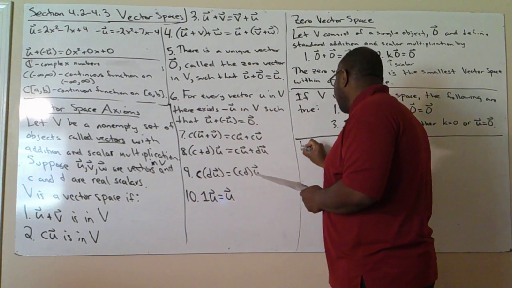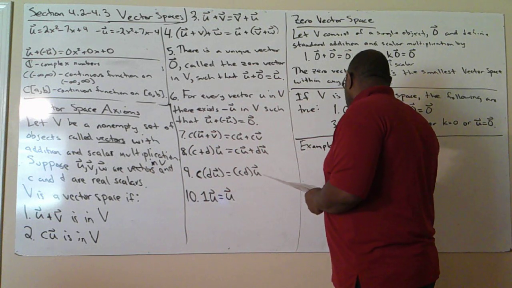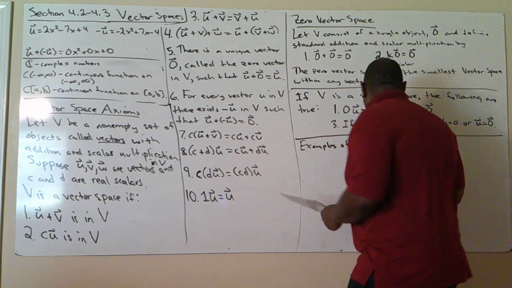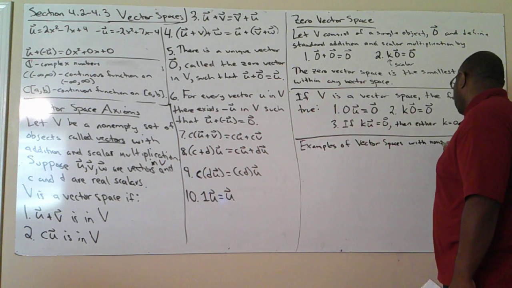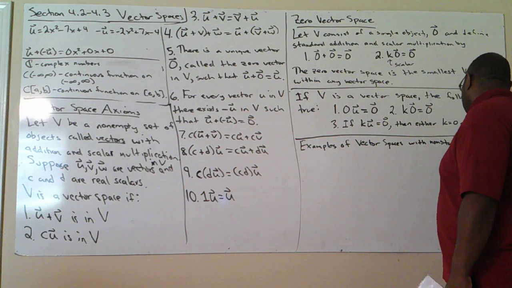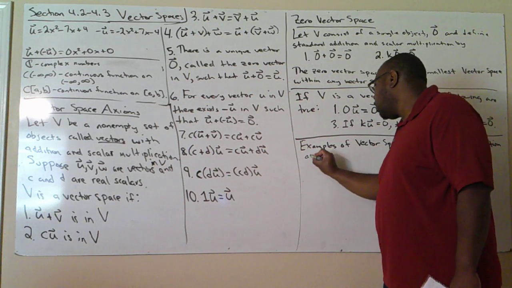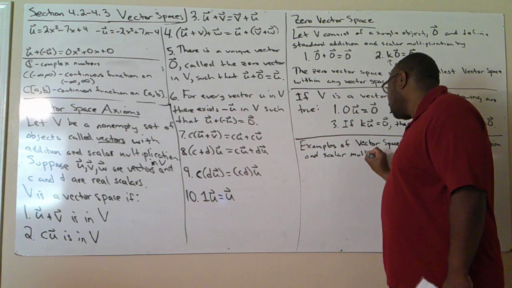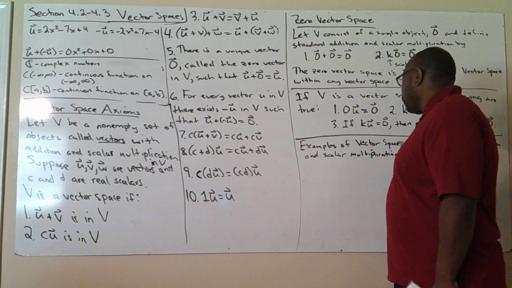So here are examples of vector spaces with non-standard addition and scalar multiplication. Okay.